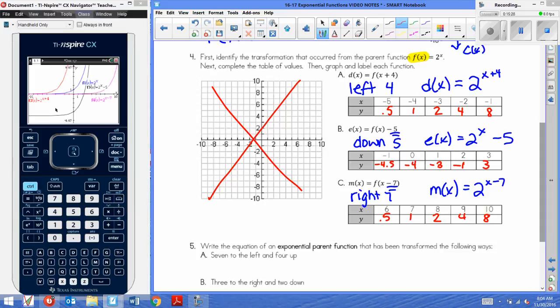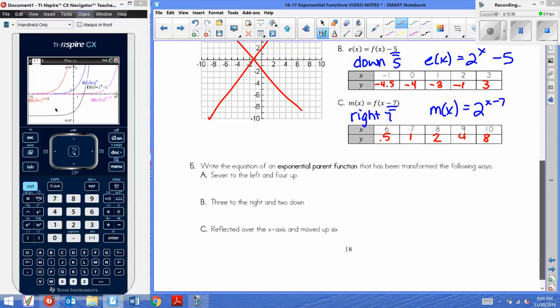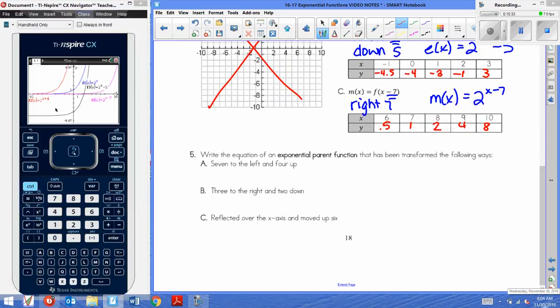Okay, last but not least, let's take a look at 5. So 5 says write the equation of an exponential parent function that has been transformed the following ways. Okay, so again, we are going back to our parent function y is equal to 2 to the x. So what I think that we just need to do here is write out the parent function in each, but because of all the changes, we are going to have to modify it a little bit.